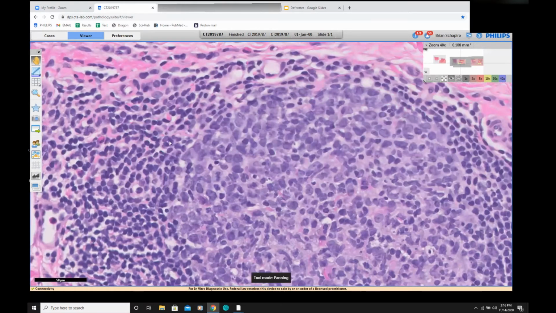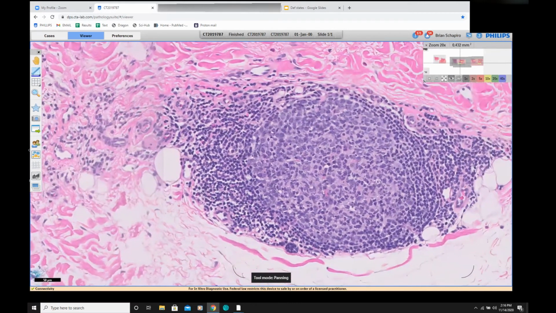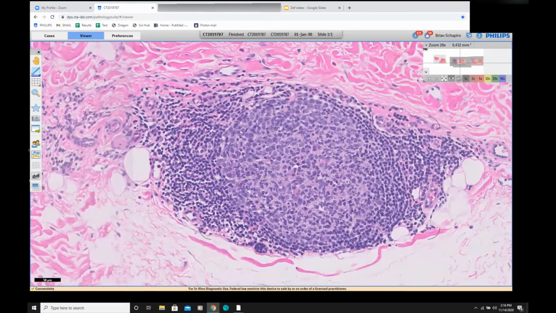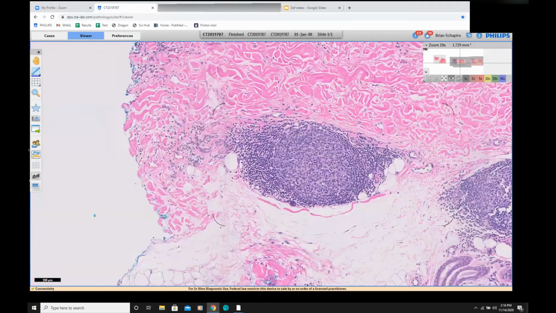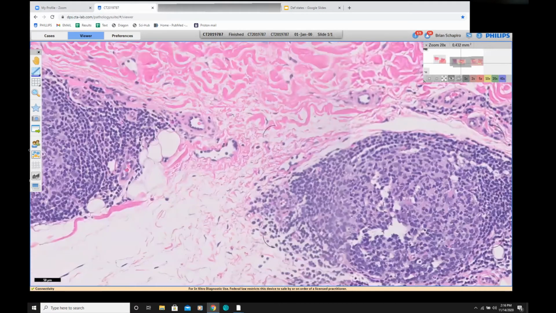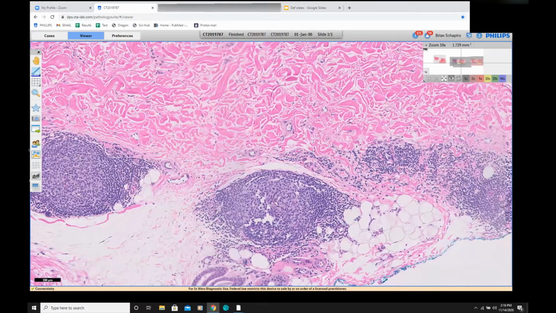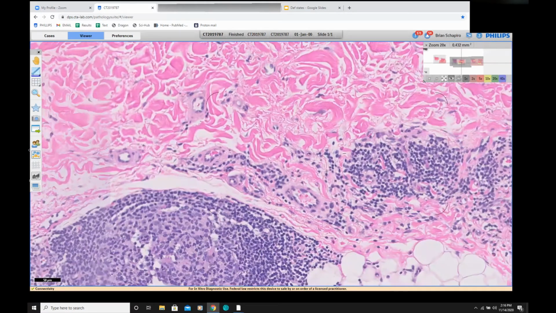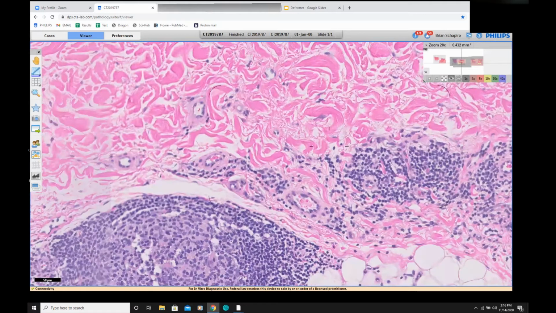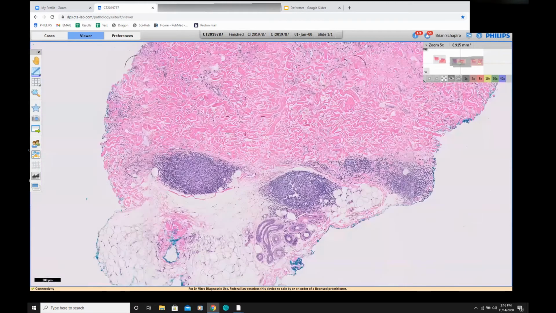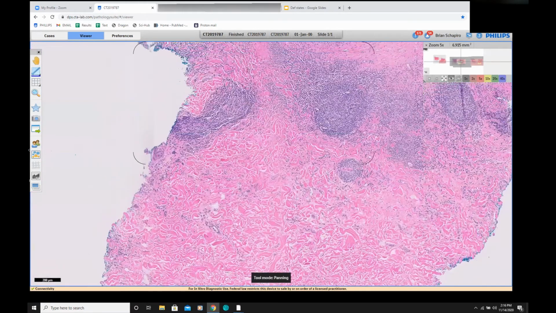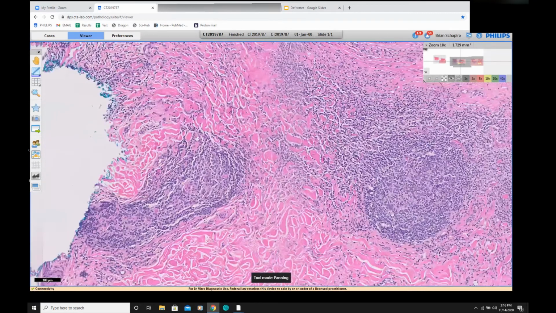So here you can see this cuff of lymphocytes, which is the mantle zone, and the germinal center is made up of, as I said, the centroblasts, centrocytes, and follicular dendritic cells. Occasional eosinophils were in this infiltrate.